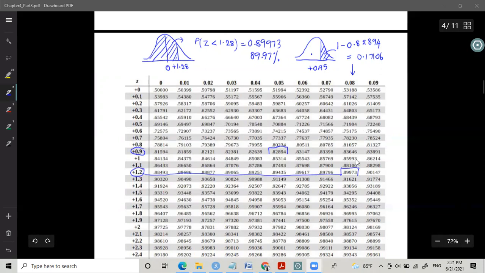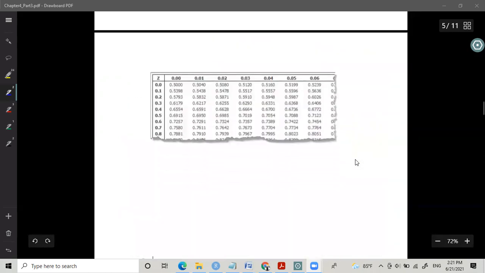Now we move on to something a little bit different. What if you want to find in between probabilities? Say for example you want to find the probability. Now I have only a part of the table, a little bit different, but that's okay. Just an example to show you how this works.